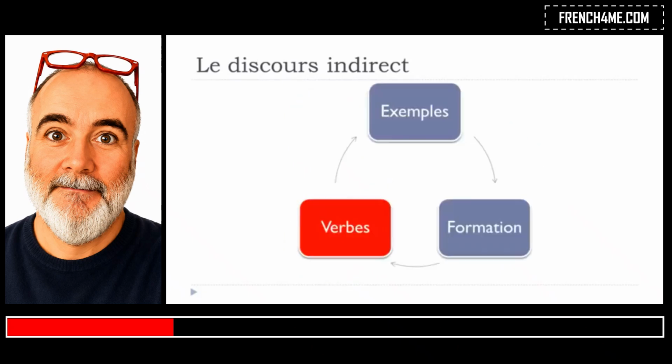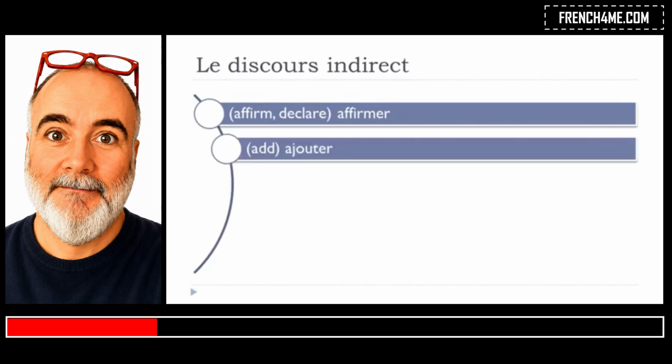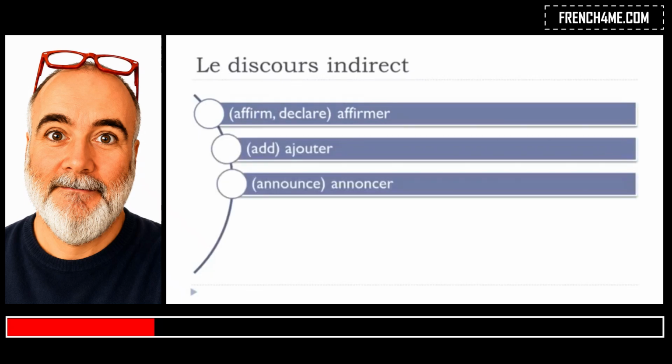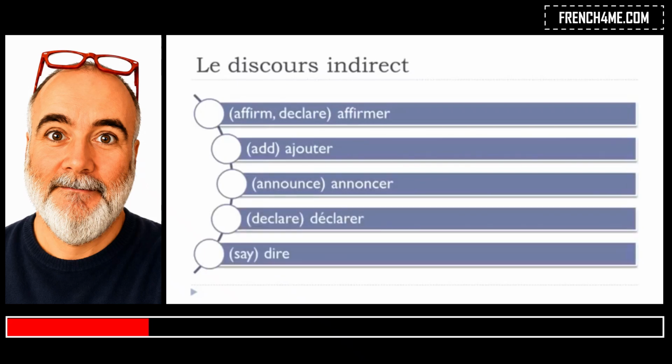Okay, and so now let's see the verbs that you could have, or that you could use to introduce this discours indirect. Okay, and the list will start now. Affirmer, ajouter, annoncer, déclarer, dire.